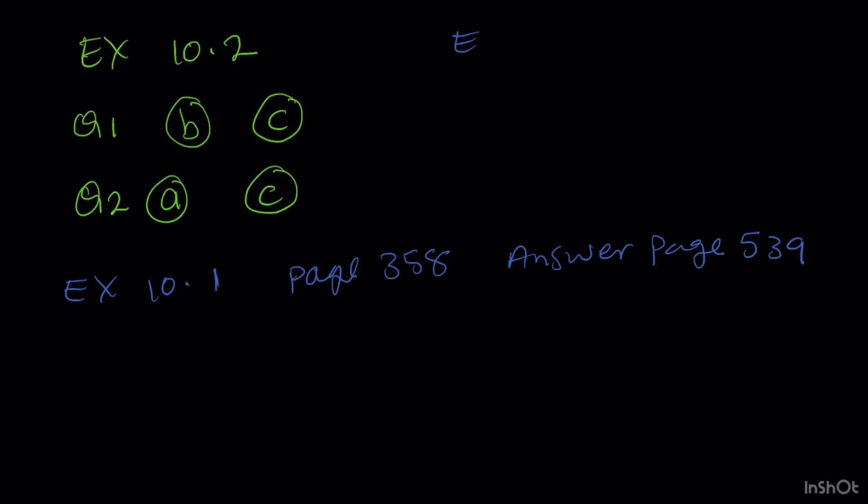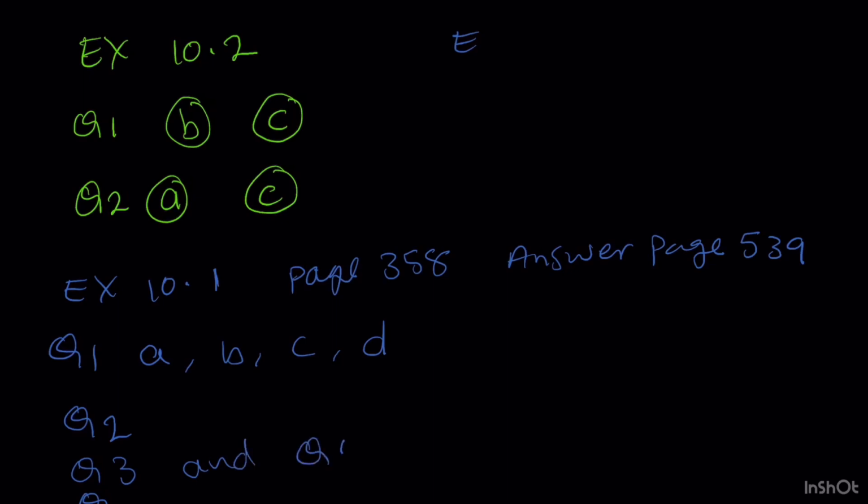So exercise 10.1, you do question 1, A, B, C and D, all of them. And you do question 2, and question 3, and question 4, A and B only.